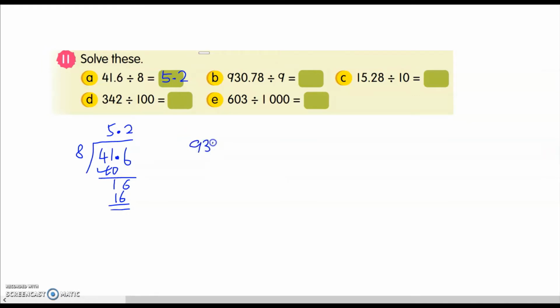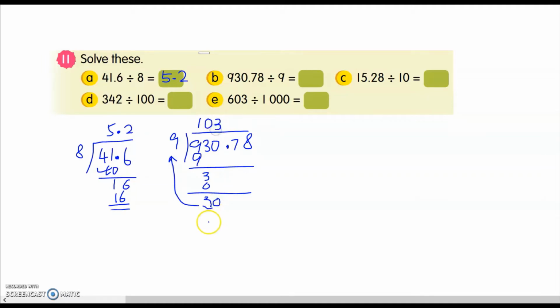Okay, question B, 930.78 divided by 9. 1 times 9, 9. Bring down the next number 3. 0 times 9, 0. Then the balance is 3. Make sure that the balance is always smaller than the number you are dividing by. And bring down the next number 0. 9 times 3, 27.